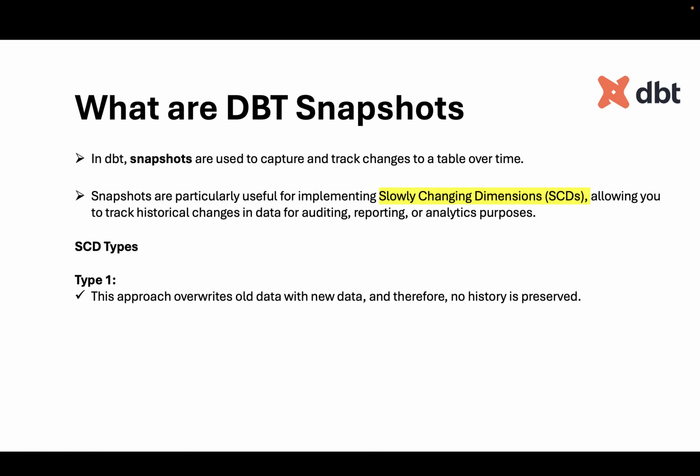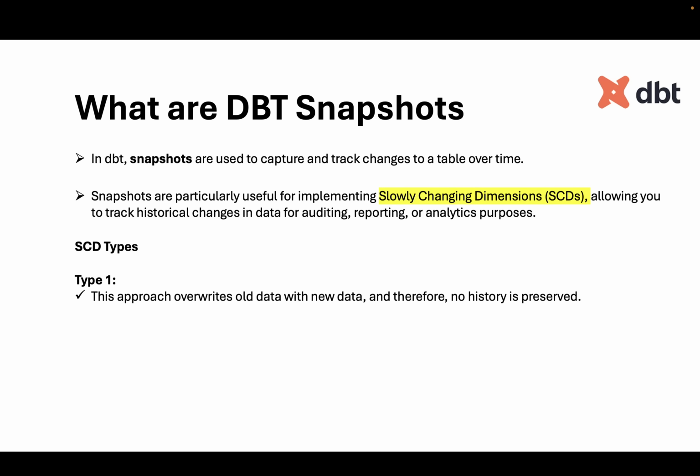So here we have introduced a new term called SCD, or slowly changing dimension. This is a term used in data warehousing in order to track changes in your table. So if you have a historical table where you keep all of your history, this is one of the strategies that you can use in your data warehousing table.